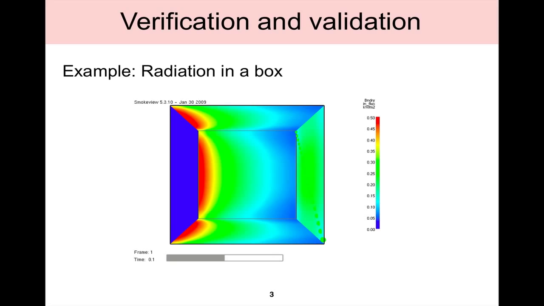And on the right side here, you can see a line of devices going up and down the wall, and we have radiation coming from a hot wall going inside of a box. And what this case serves to do is to ensure that the radiation submodel is programmed correctly, and it's a simple case. One would think it's a trivial run, but it's very useful in seeing if one of the lines of code in FDS may have a problem.